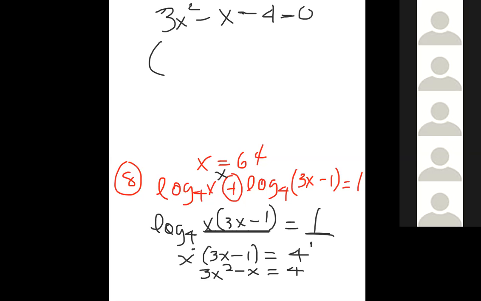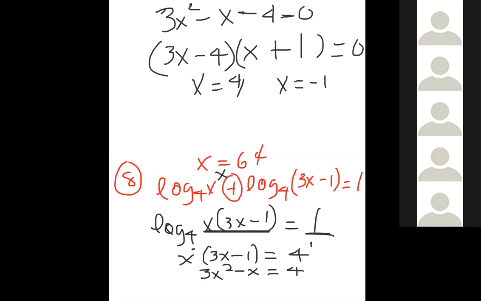And we're going to factor. For this one, we're going to factor it into 2 binomials, okay? So it's going to be (3x minus 4) times (x plus 1). Now, we take each factor, set it equal to 0 and solve. So x will equal negative 1 or x will equal 4/3.